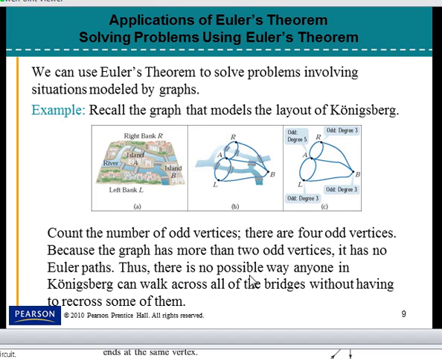Thus, there is no possible way anyone in Königsberg can walk across all of the bridges without having to recross some of them. That's what that means in layman's terms.